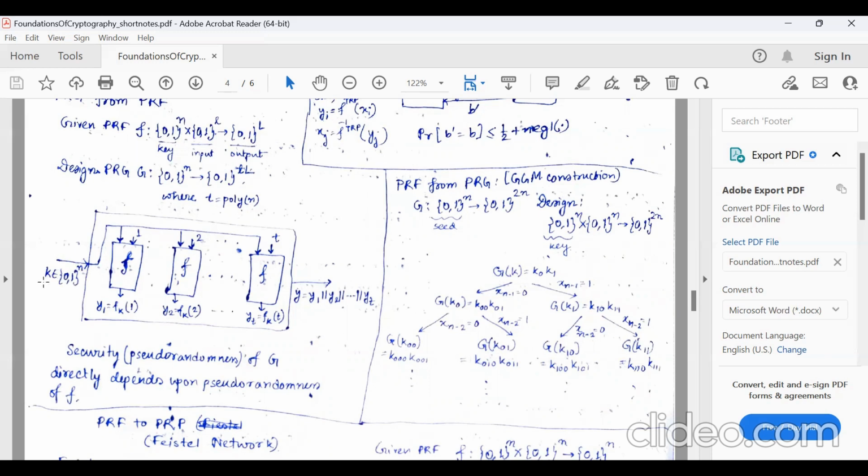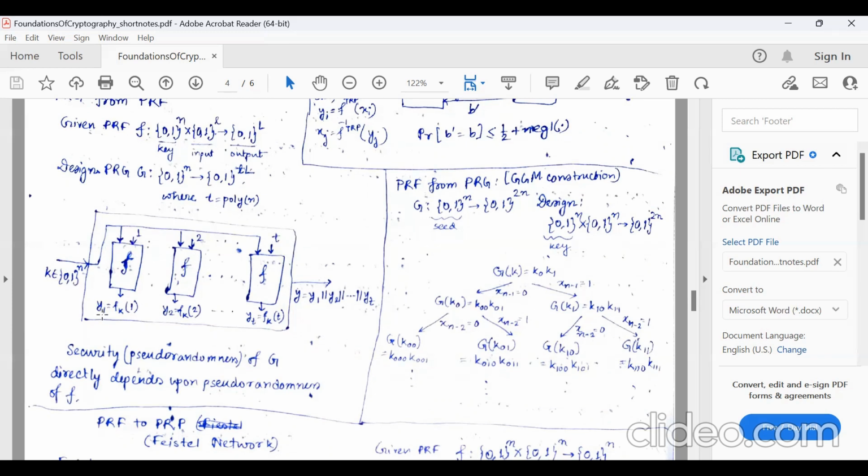So you feed as its seed the key to the PRF, and then use that same key in several parallel instantiations of the PRF, which take as input 1, 2, till t.